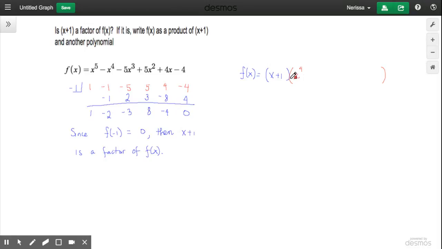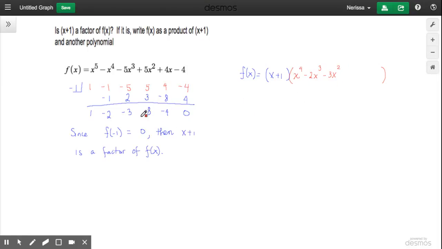minus 2x cubed. So again, the exponents will go from 4 in order to 0. So 4, 3, 2, 1, 0. So the next one will be negative 3x squared.